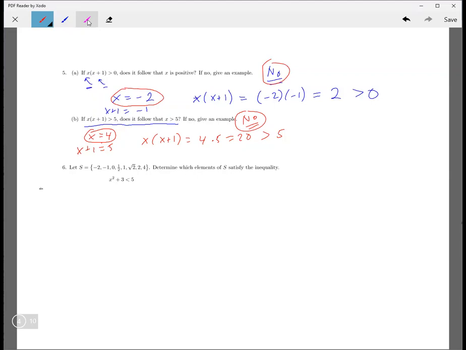Okay, moving on to the next question. Here you have a set of, these are distinct numbers, -2, -1, 0, 1/2, 1, square root of 2, 2, and 4, and determine which elements of S satisfy the inequality.